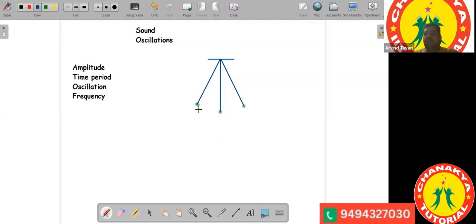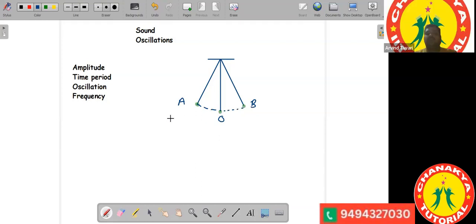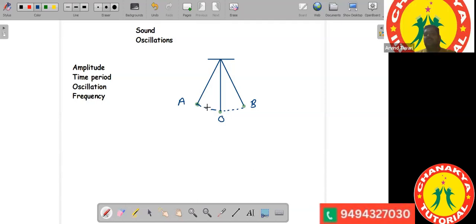Okay. So here we have the simple pendulum. This is the mean position O. Here, what name is given to positions A and B? Extreme positions. Very good. Which energy is there at position A? Potential energy. Very good. And which energy is there at B?